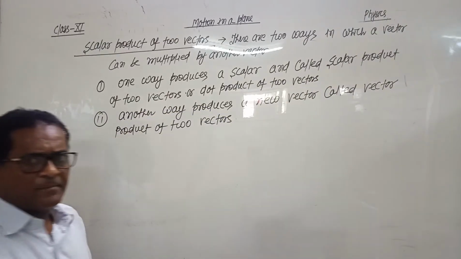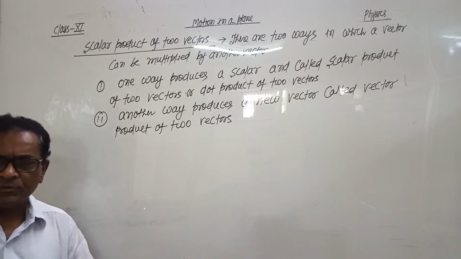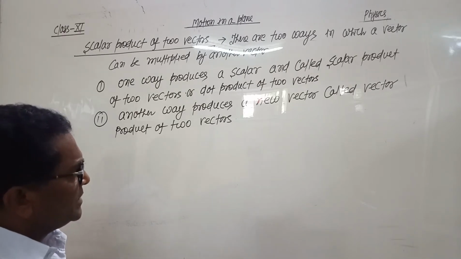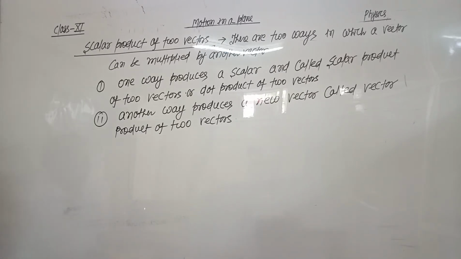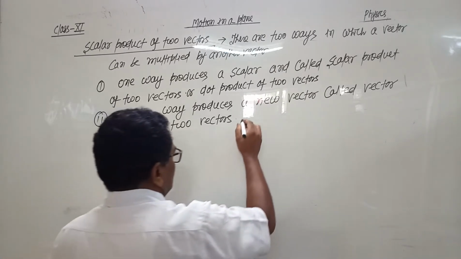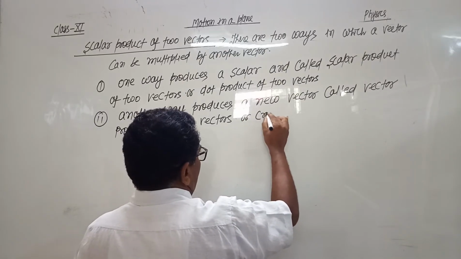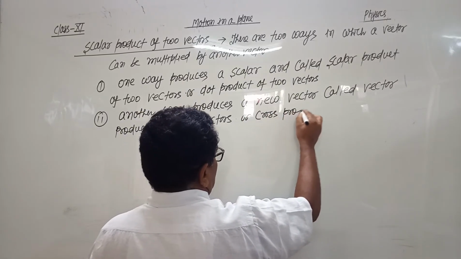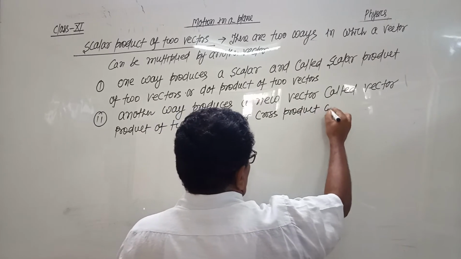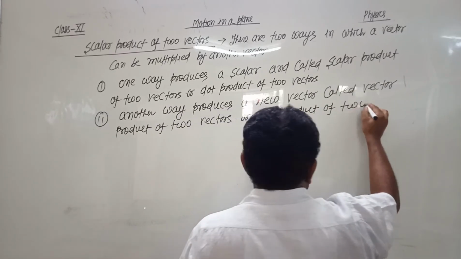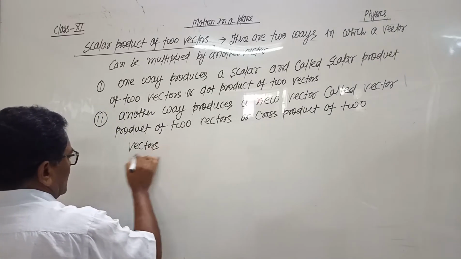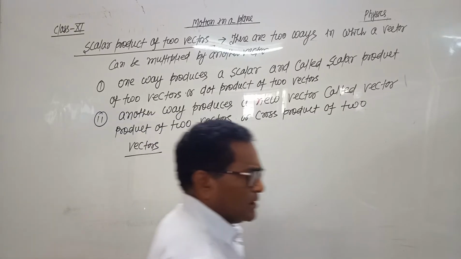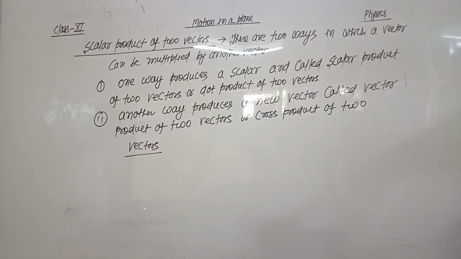In another way, when we multiply two vectors, a new vector is produced, and it is called the vector product or cross product of two vectors. So we conclude that there are two ways to multiply two vector quantities.